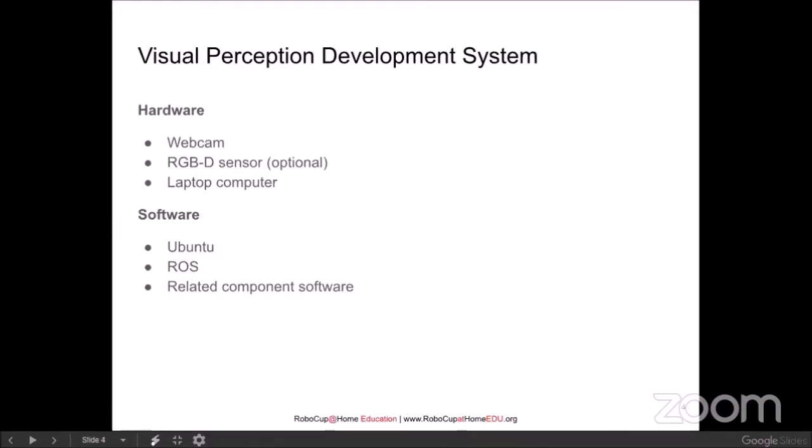Optionally, I will add some discussion and share some examples about the application of using a depth sensor. There are RGB-D sensors available commercially that you can purchase, or maybe you have them in your labs.